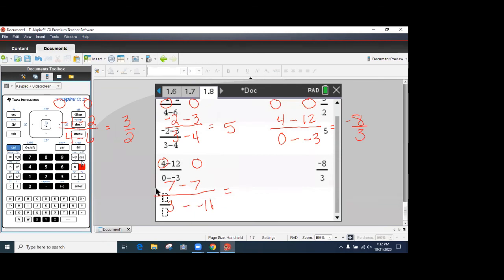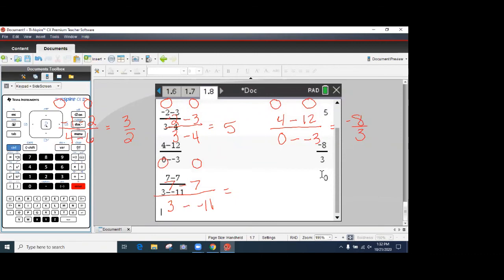And if we got a 0, it meant something different if it was on top and if it was on bottom. So y'all's calculator does it all. So we go 7 minus 7 here. And then on the bottom, we got 3 minus negative, or minus 11. And this calculator knows exactly what to do if there's a 0 on top, and it knows what to do if it's a 0 on the bottom.